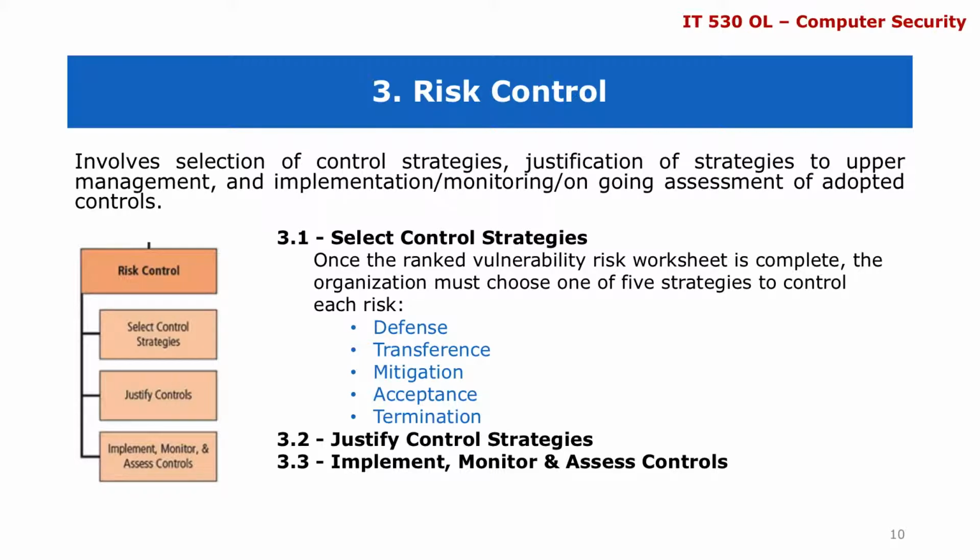The three steps for risk control involve the first one being selecting control strategies. That is, once you have finished identifying your risk and assessing the risk, now you need to decide what you're going to do with this risk. Do you defend it? Do you transfer the risk? Or do you mitigate it, as well as accept or terminate?